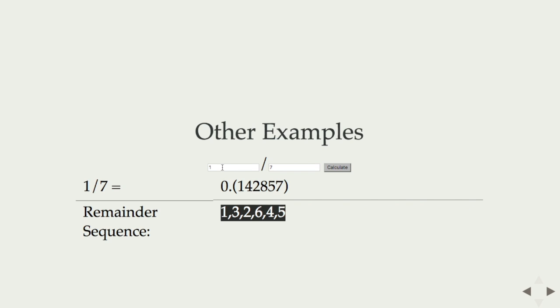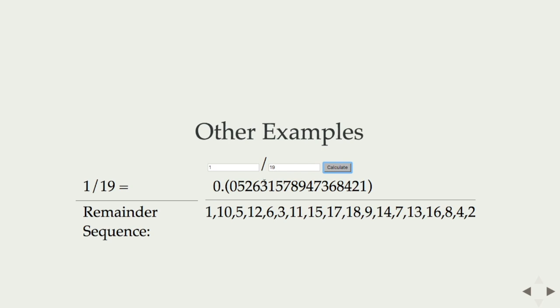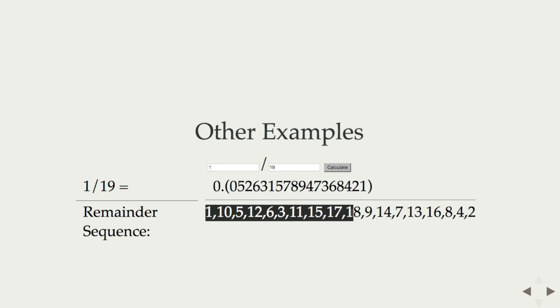All right, let's try 19 here. Of course, the sequence is longer. In this case, it's 18, which is 19 minus 1. Notice that the remainders include every number from 1 to 18. And then later it's going to repeat this sequence.